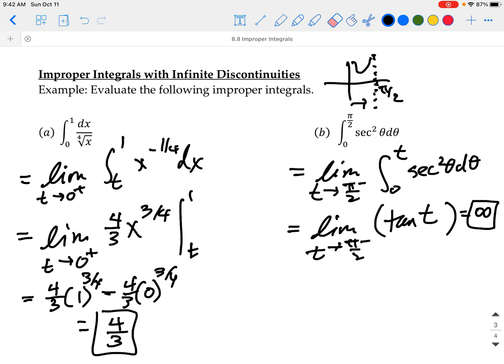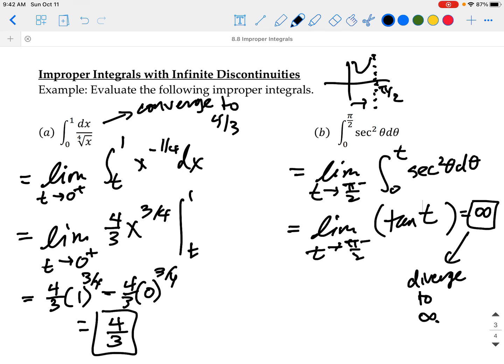So again, we're going to get this convergence and divergence. A is going to converge to 4/3, and B is going to diverge to infinity.